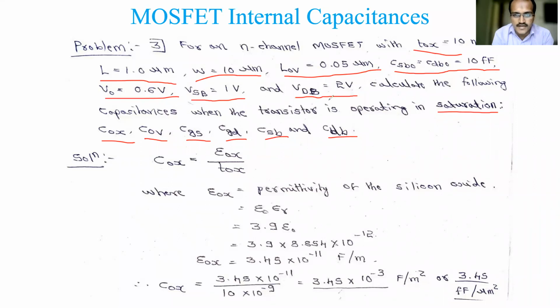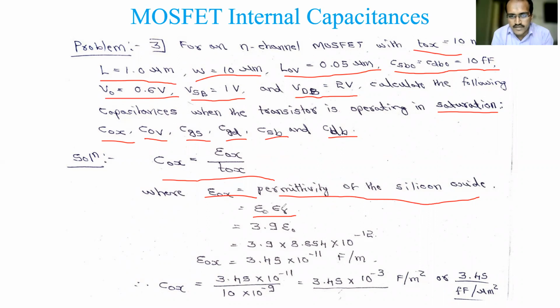So let us begin. COX, this formula we learned very first in the VI characteristics of the MOSFET. COX is given by epsilon OX by TOX, where epsilon OX is the permittivity of the silicon oxide, the oxide we are putting, acting as the dielectric. It is given as epsilon naught times epsilon R. Epsilon naught is the absolute permittivity, and epsilon R is the relative permittivity.